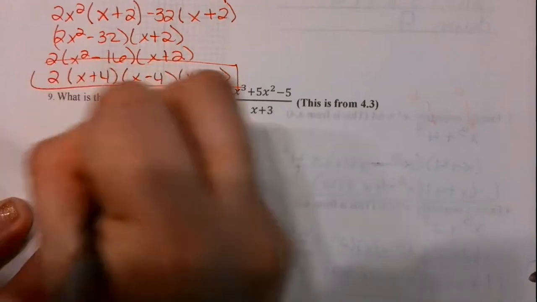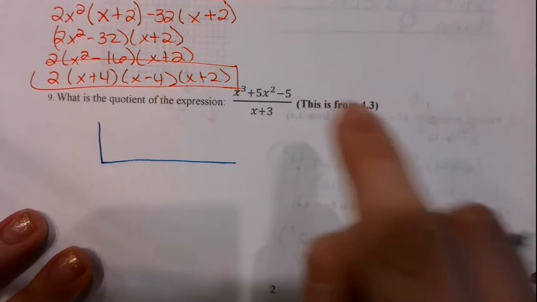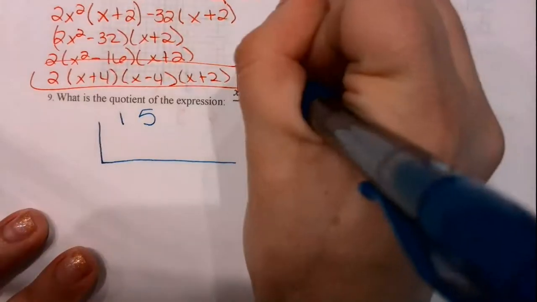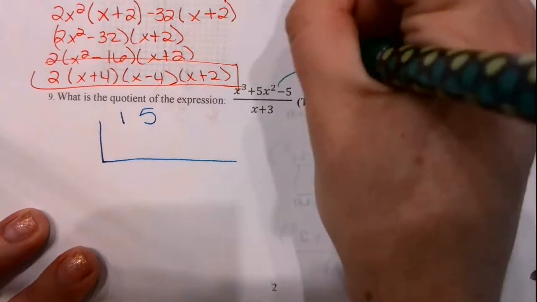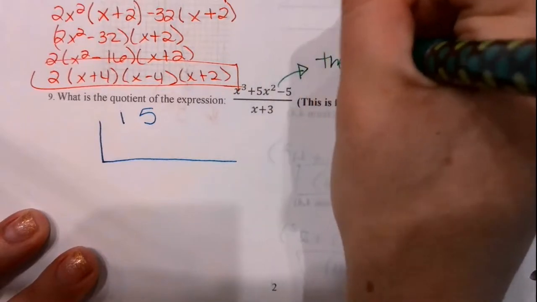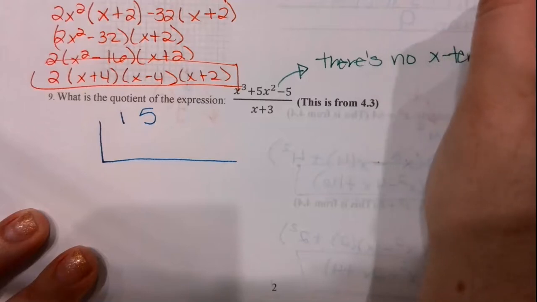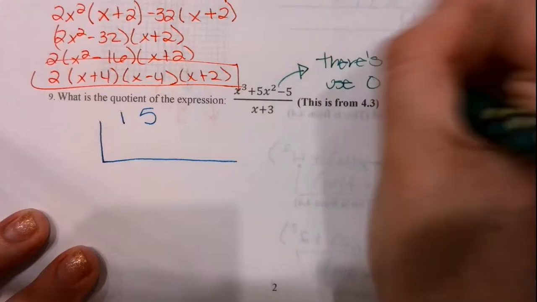So to do synthetic, I write the L looking thing. Then I want to write my coefficients of the top piece. So I have 1, 5. Notice there's no x term. So I want to use 0 as a placeholder.